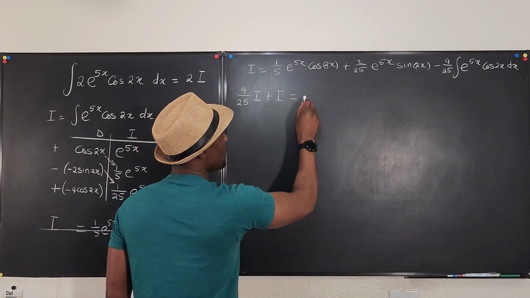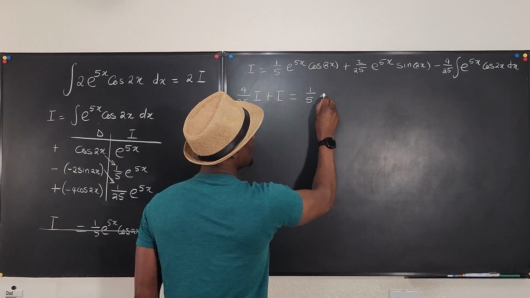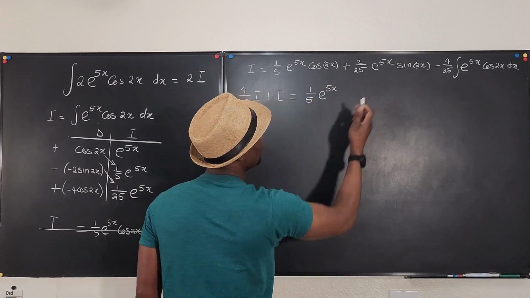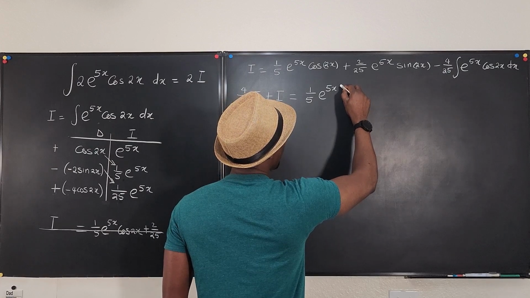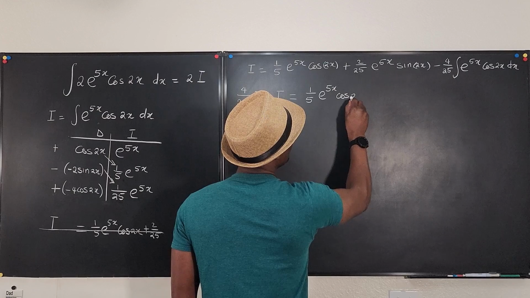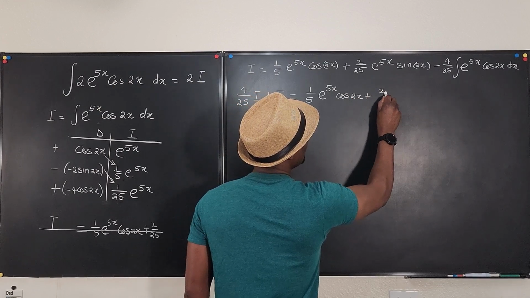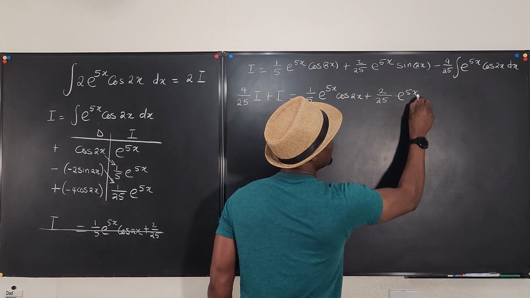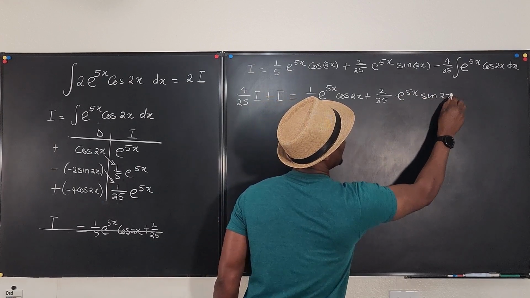And that's going to be equal to 1 over 5 e to the 5x cosine 2x plus 2 over 25 e to the 5x sine 2x.